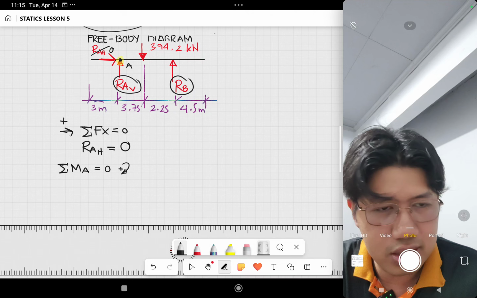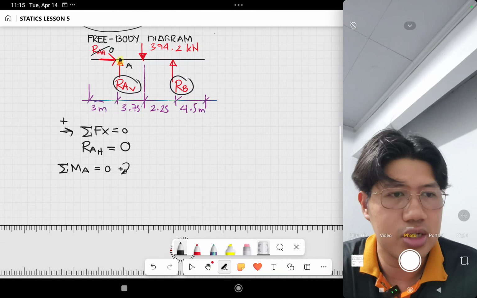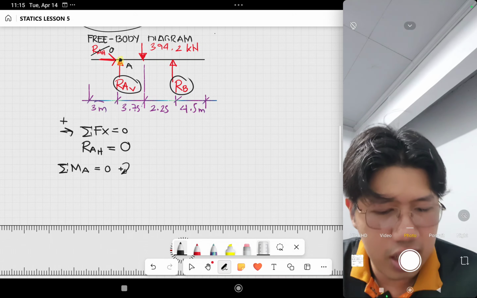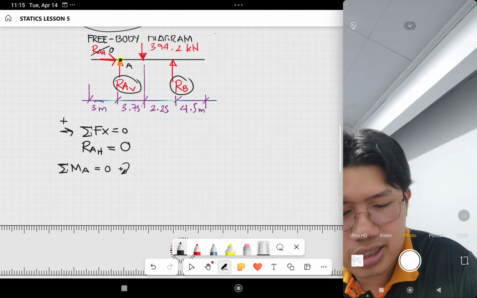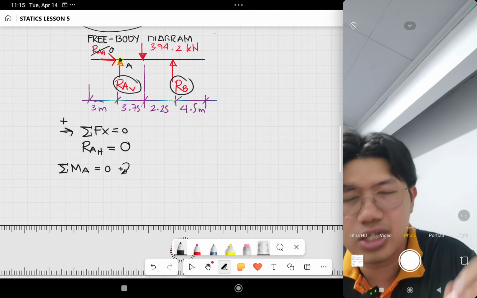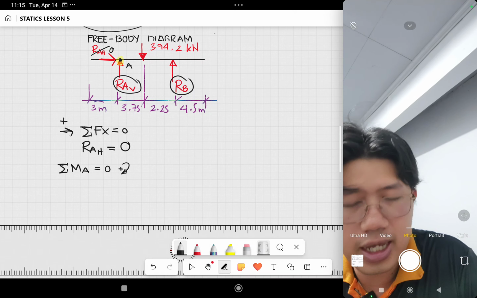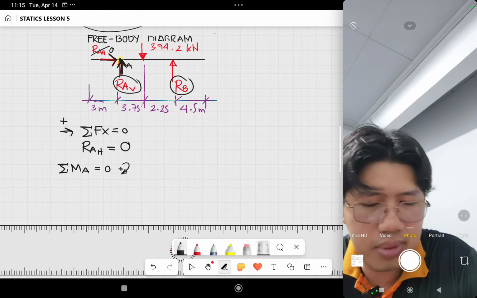So that goes to say na if you apply a force directly at the hinge, you will produce zero moment at that point, okay, or at the hinge. So in this context, yung door hinge natin is at point A, or yung ating hinge or pin is at point A, and RAV and RAH is acting at point A. So they are acting at point A. So therefore, they will produce no moment about A.